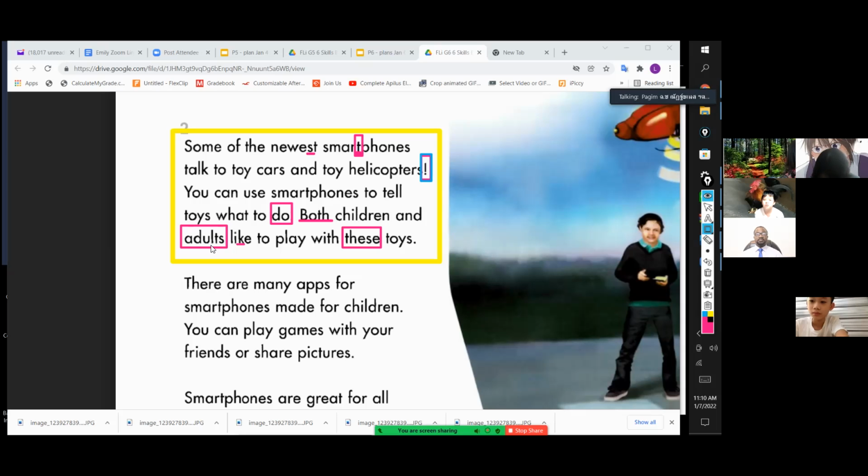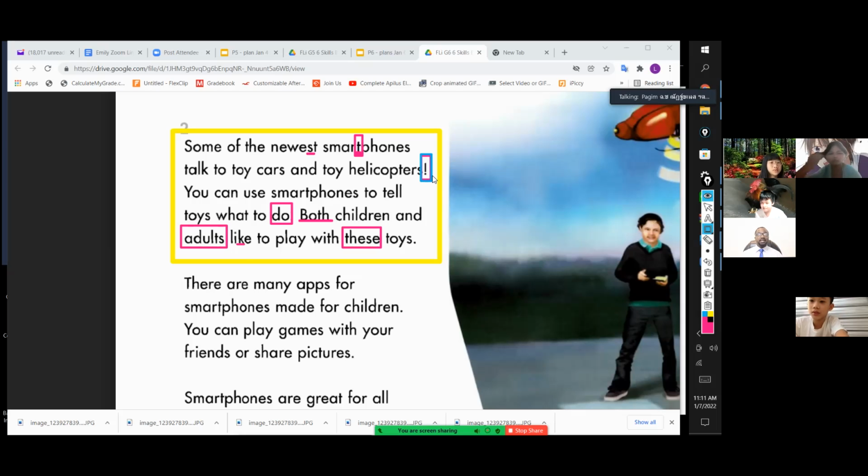Adults, adults. Like, like. Good. These, these. Good.